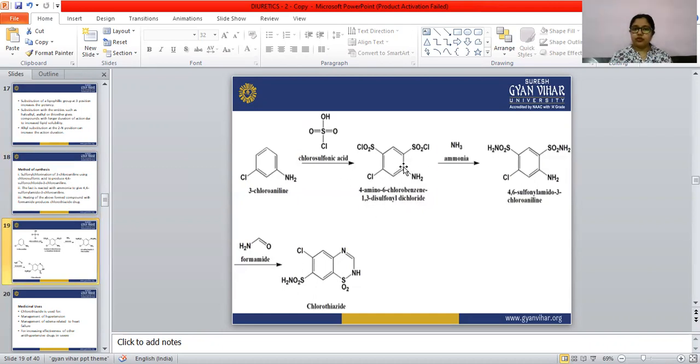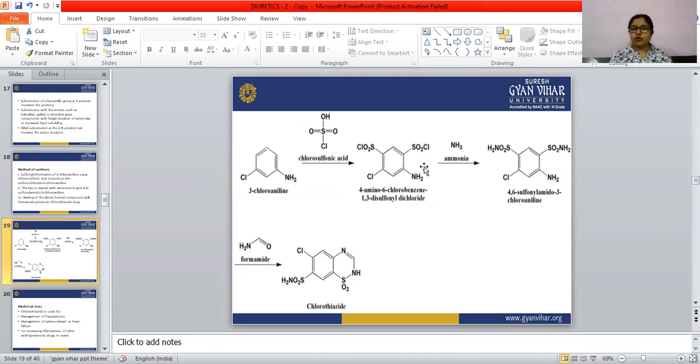Numbering from here 1, 2, 3, 4, 5, 6, this is 4-amino 6-chlorobenzene 1,3-disulfonyl chloride. This is the disulfonyl chloride.